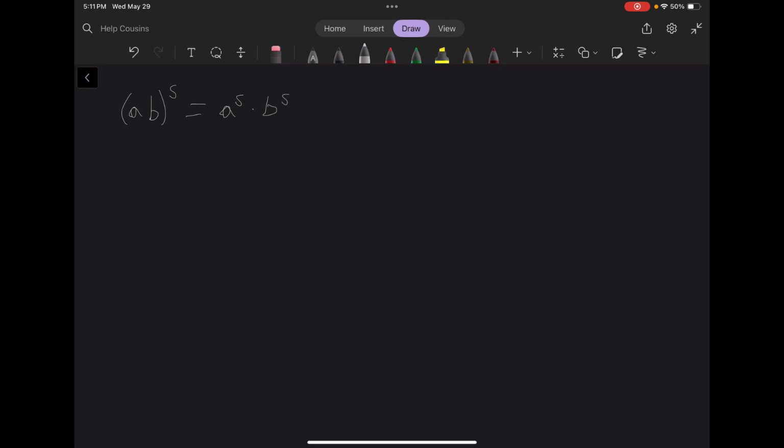The way that this works is, say you have ab squared, you have ab times ab, and since ab is really just a times b, then it's all multiplication. You could order it in any way you would like, so you could really go a times a times b times b, which is just a squared times b squared.